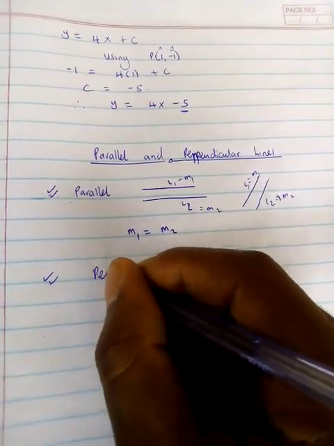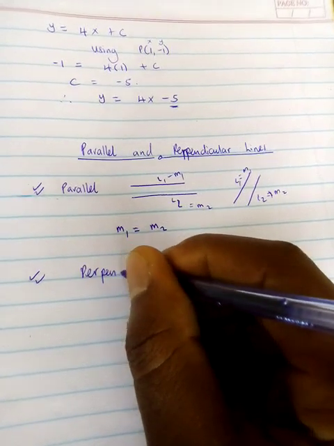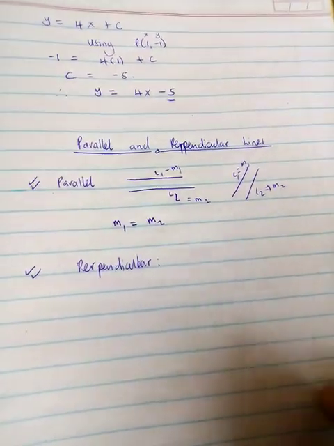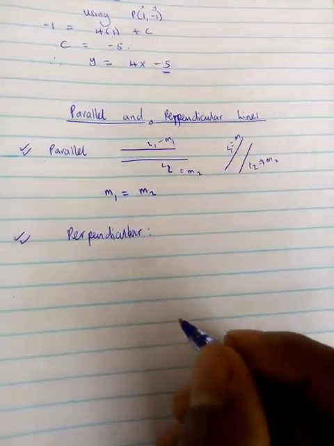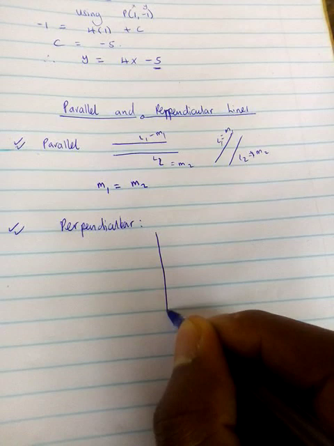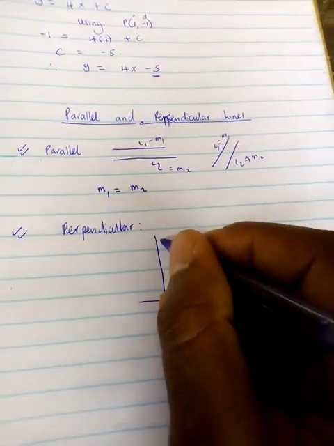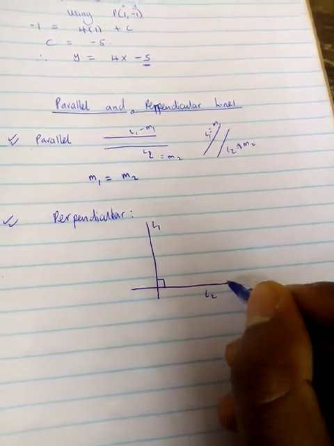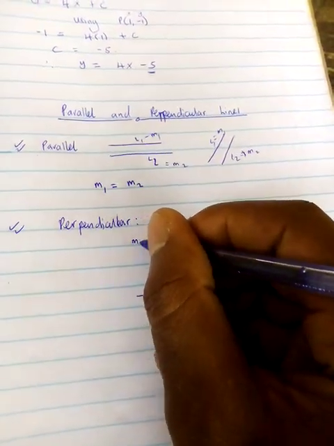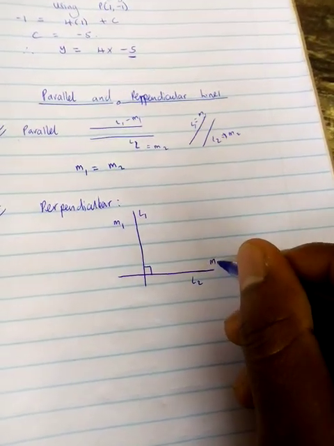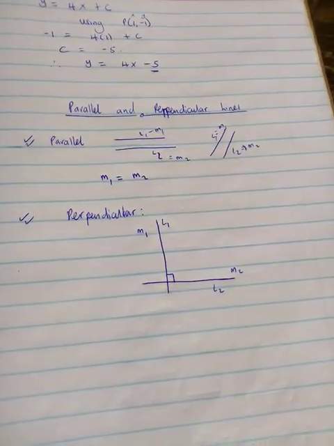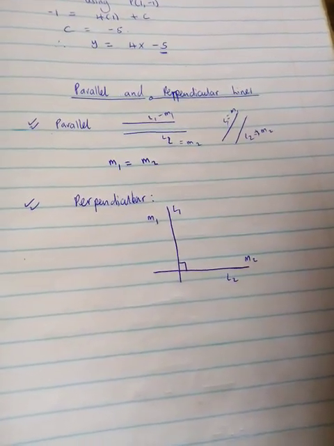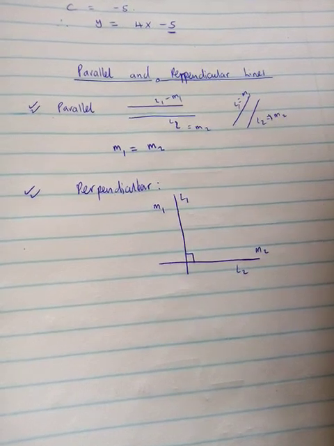But for lines that are perpendicular, one line meets the other at an angle of 90 degrees. If this is line 1 with gradient m1 and this is line 2 with gradient m2, we look at the product of their gradients as the relation between two perpendicular lines.